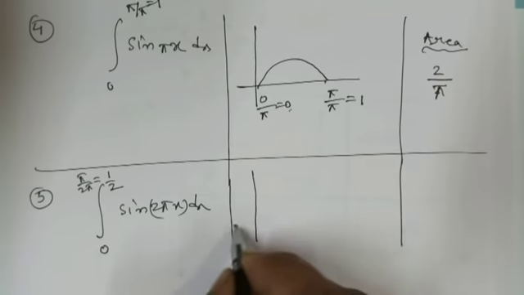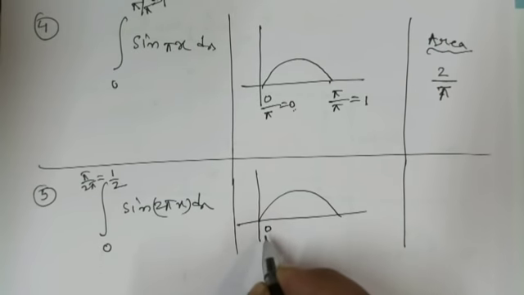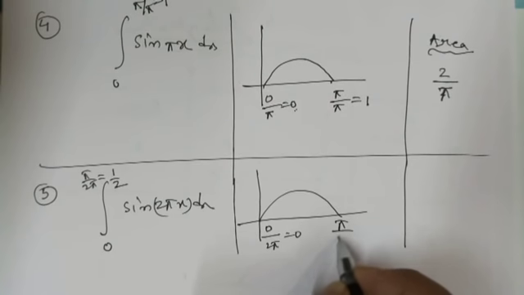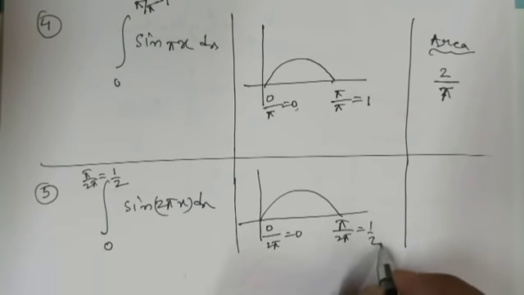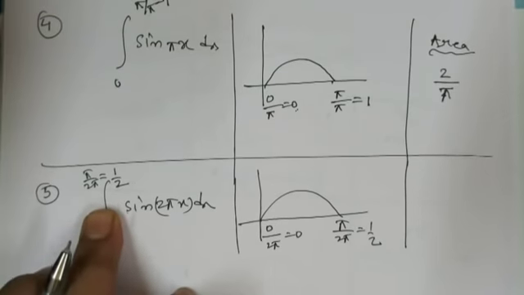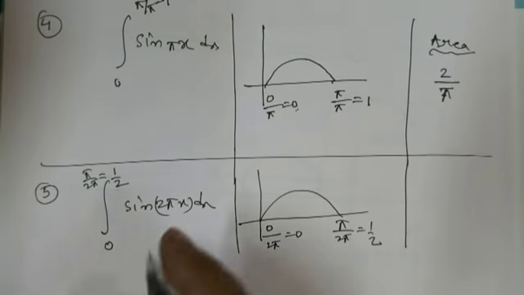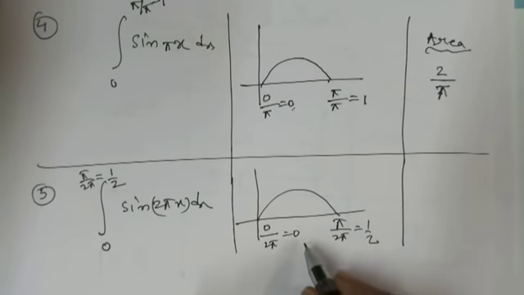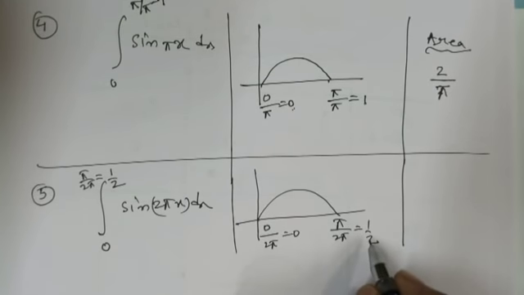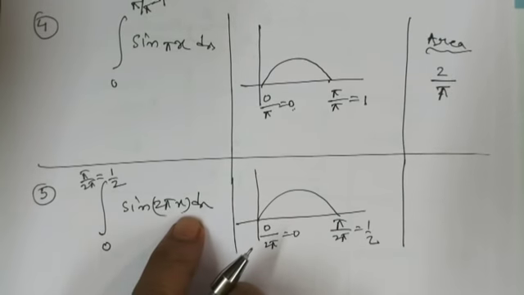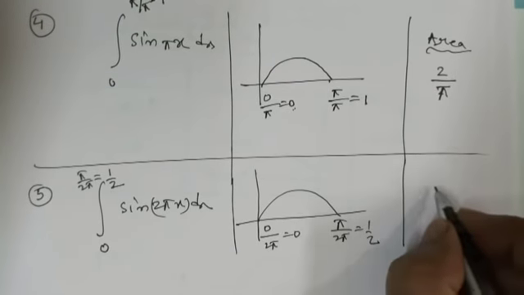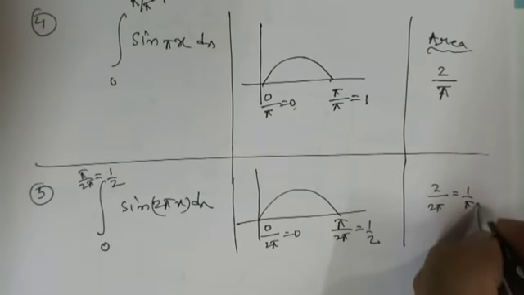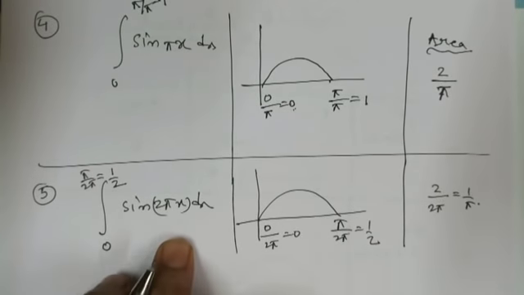This will be one loop, 0 to pi, 2 pi, and therefore half. So for integral 0 to half sin 2 pi x dx, at least one loop of sin 2 pi x lies between 0 to half, and its area will be 2 upon 2 pi, that is 1 upon pi.